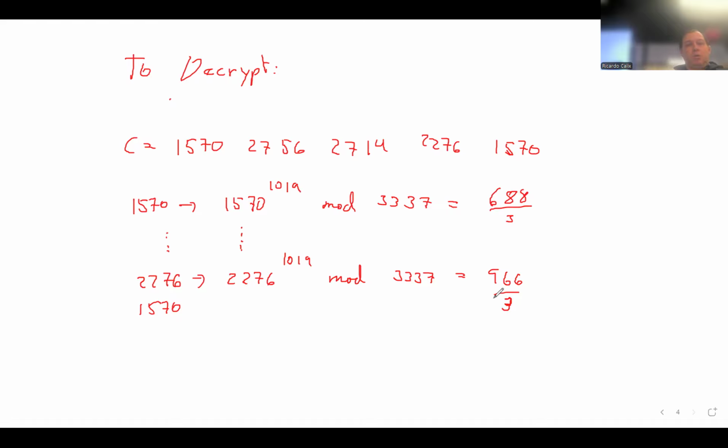That's it. So let's do for completion the last one. So 1570, it would be 1570 to the 119 mod 3337, and that is 688, another block of 3.